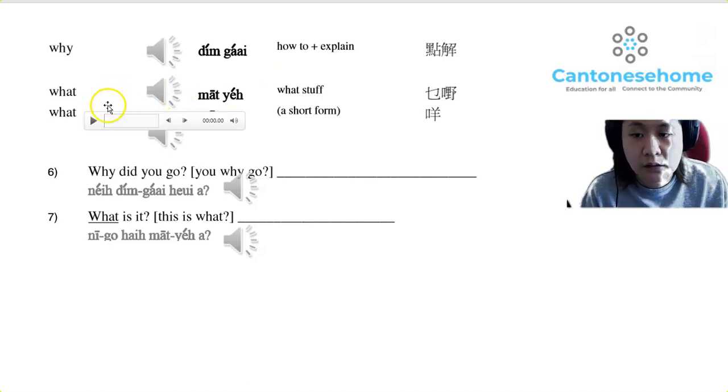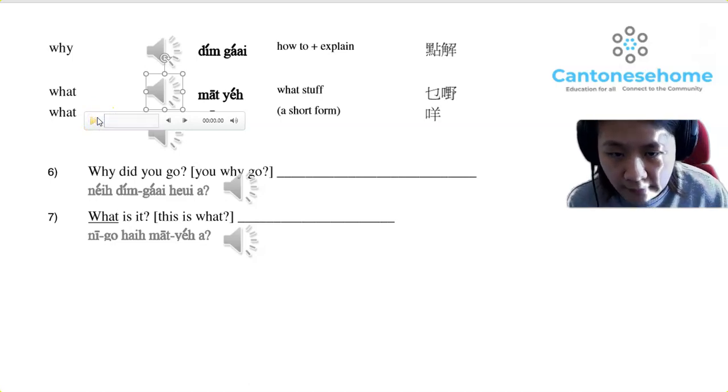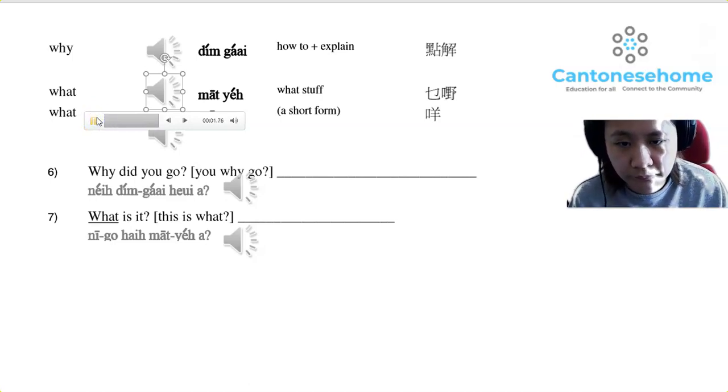Okay, next one is what. 乜嘢? So 乜嘢, the second word means stuff. What? Stuff. 乜嘢? Then the first word 乜 is what.